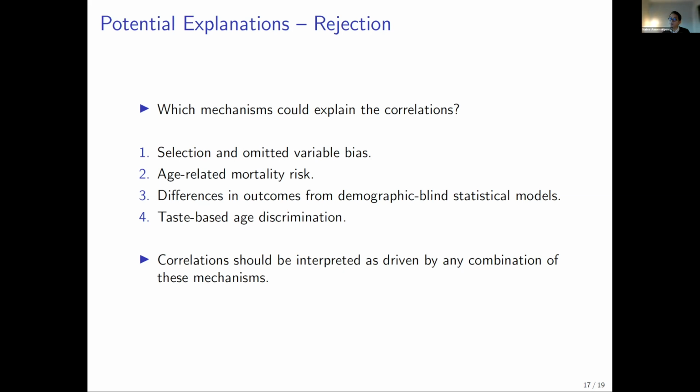So of course, number one, selection or omitted variable bias could be driving the results because the sample of mortgage applicants is a selected sample where younger applicants are likely to be very unusual, because young people are less likely to own homes and even less likely to refinance their mortgages.